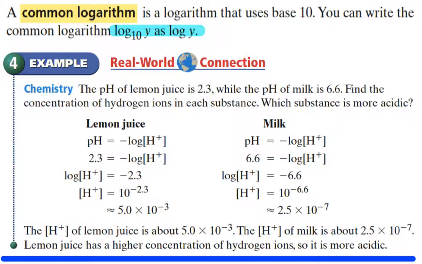If you have x, y, z, you know that the coefficient of that is 1, right? So a common logarithm is log base 10 of y, or just log y.